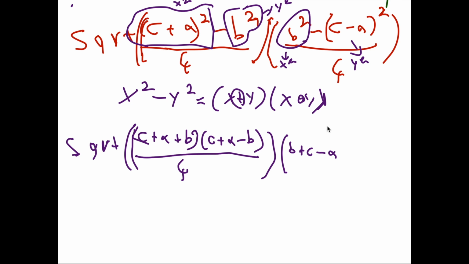C minus a right there. And we don't even have to include the brackets. And we're going to divide all this by 4. Put a little bracket there. And b minus c minus a. There we go.